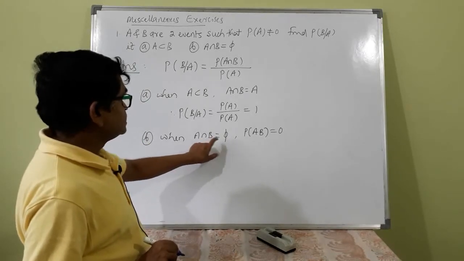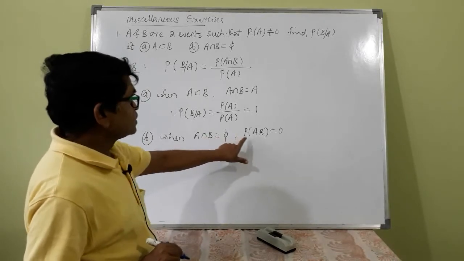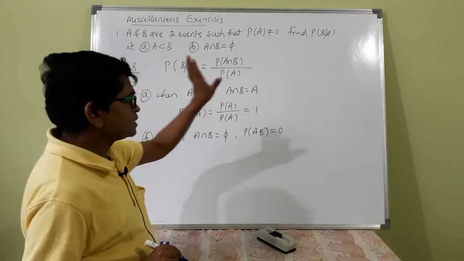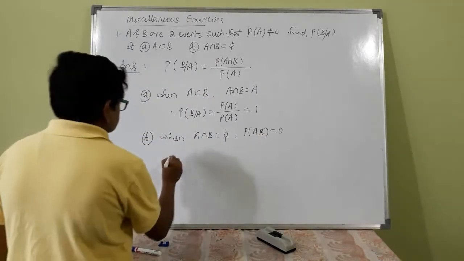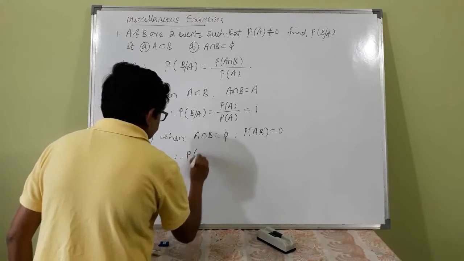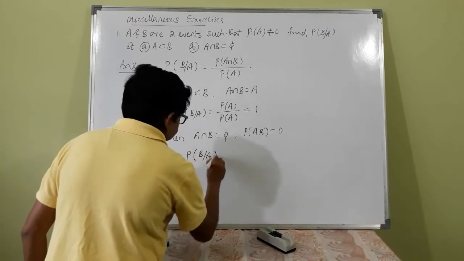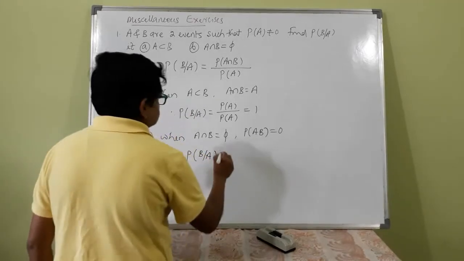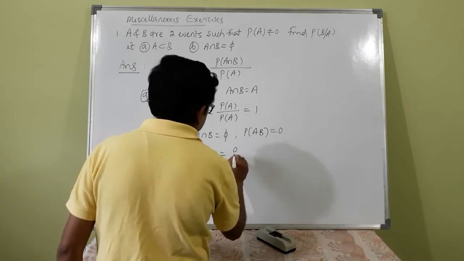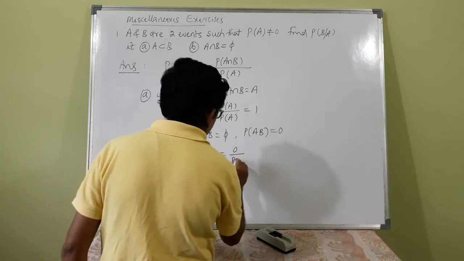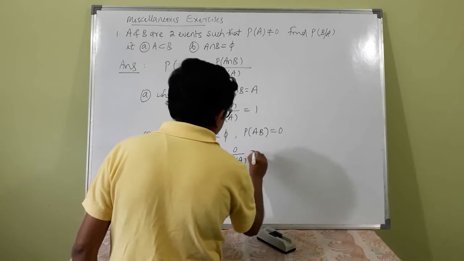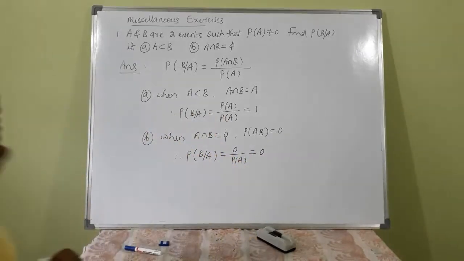A intersection B is an event. Probability of A intersection B is a number. Therefore, this will be 0 divided by probability of A. So, that is 0 again.